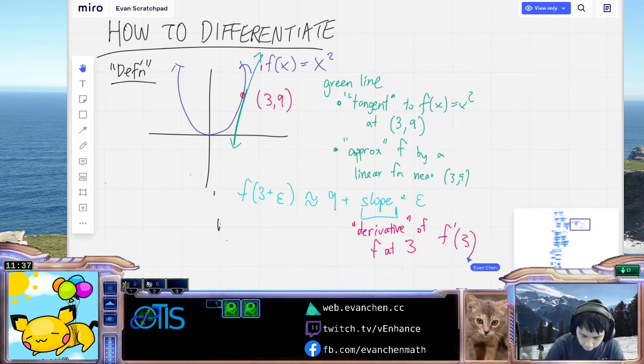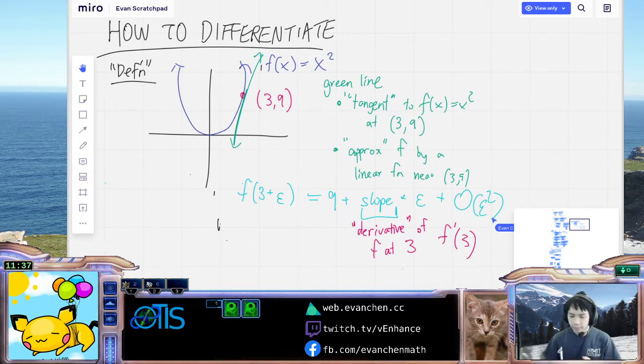If you want to be formal about what this approximation sign means, since you guys have a good understanding of everything other than calculus, I will tell you it actually just means O of epsilon squared. So that's the goal: I want to be able to say what is the slope of the tangent line at this point. Whatever number it is is called f prime of 3, i.e. the derivative of f at 3.